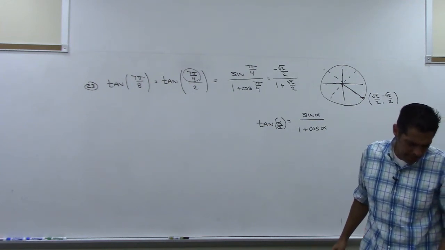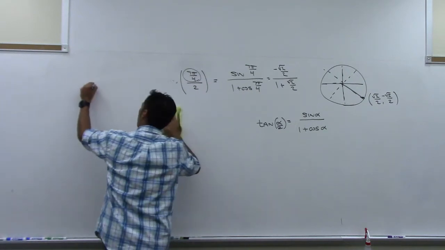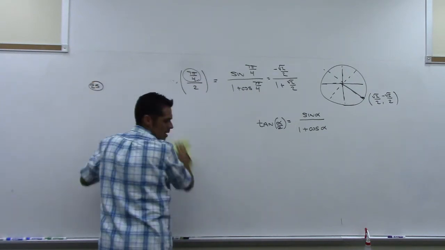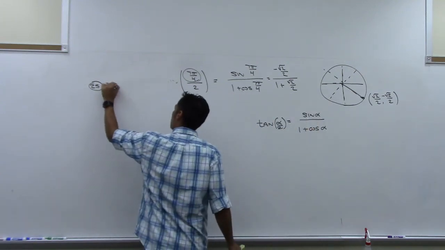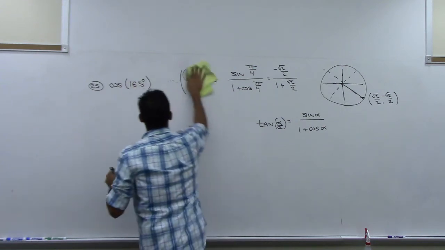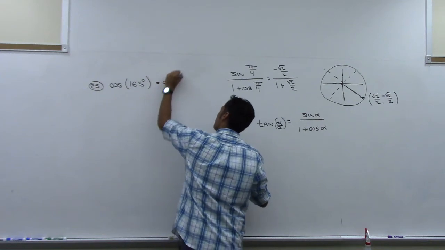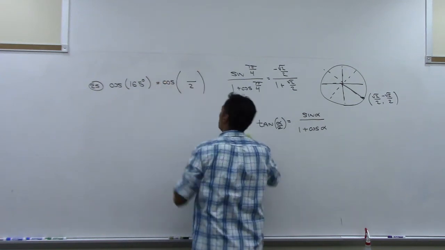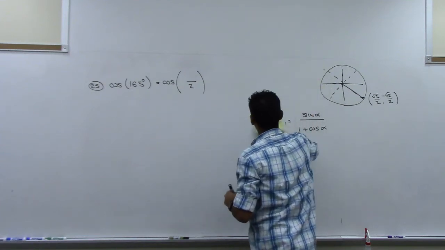Okay, for number 25, I have cosine of 165. So let's try and use a half angle. So this is equal to cosine of something over 2. So what is that? 300.